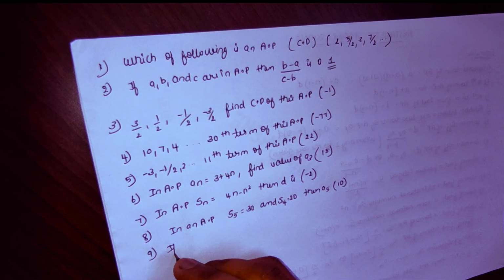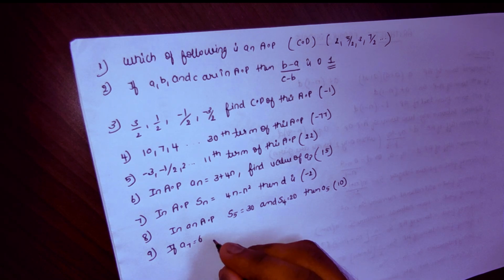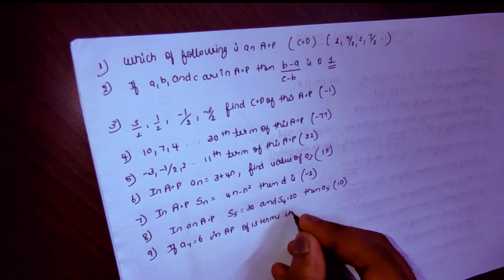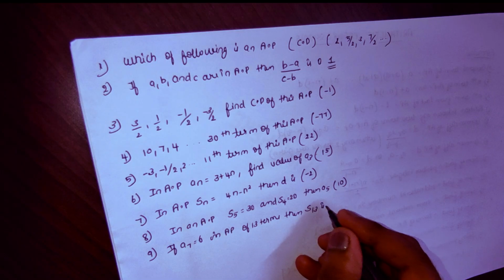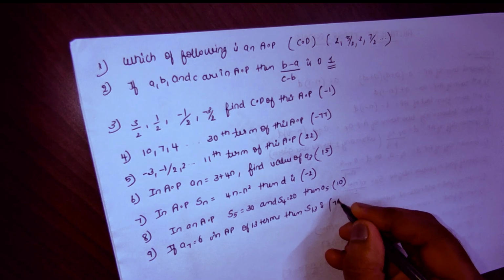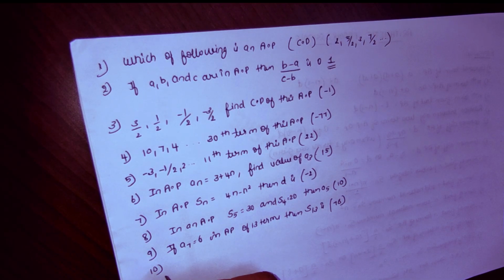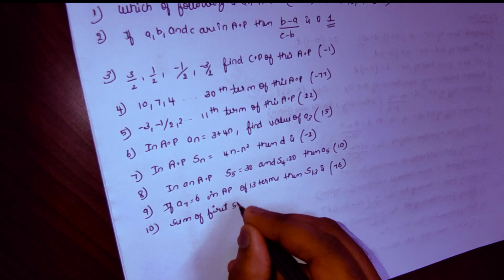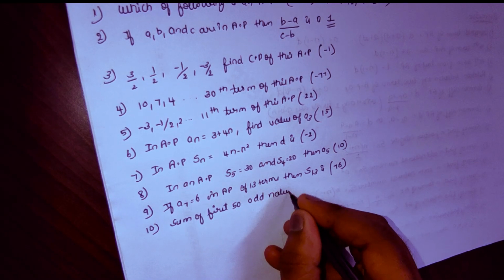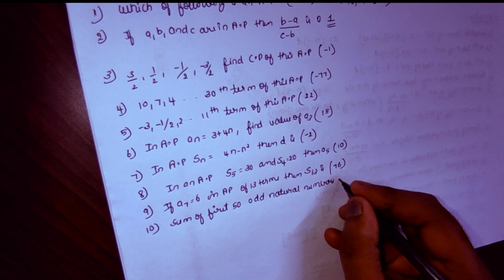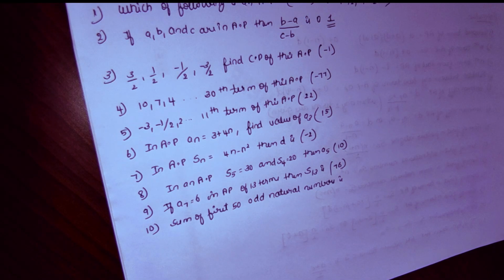Ninth one: if a7 is equal to 6 in an arithmetic progression of 13 terms, then S13 is 78. Then, sum of first 50 odd natural numbers. Direct application of the formula: instead of n, you have to put 50. The answer is 5000.